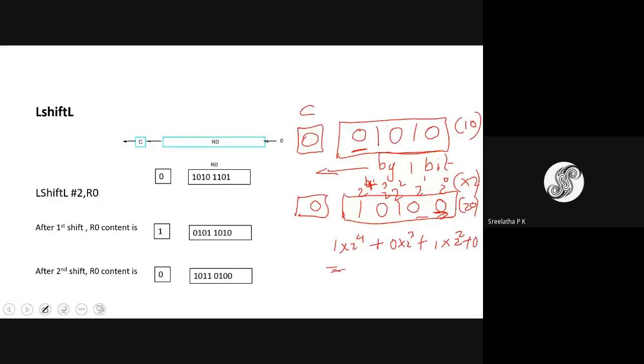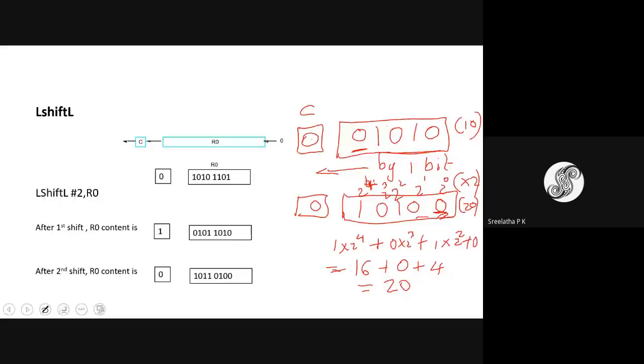Equals 2 power 4 is 16, plus 0, plus 2 power 2 is 4, 4 into 1 is 4. So it is 20. So left shift is multiplied by 2. Once you shift the bits left, the value gets multiplied by 2. So these shift operations are used for arithmetic operations.